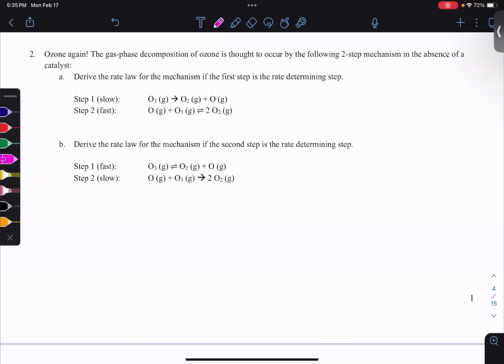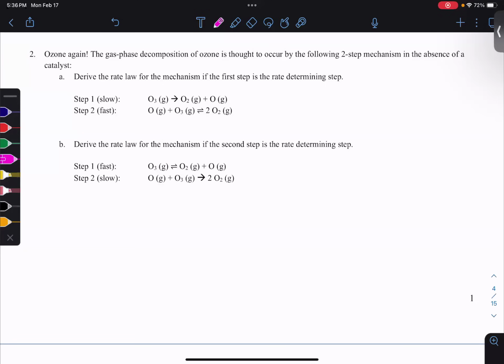That kind of has to do with catalysts too, the next section of chapter 14. This question is about mechanisms now, the rate determining step. The slowest step dictates your overall chemical reaction. We're still working with ozone. But here I give different mechanisms on how an overall reaction can occur.